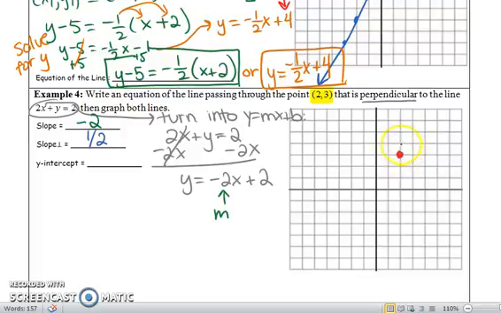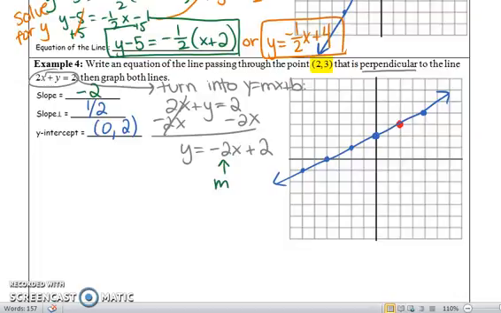So I can go up 1 over 2. I could go down 1 over 2, down 1 over 2. And it's really nice and convenient that I have a really nice and clear y-intercept here. My y-intercept is 0, 2.